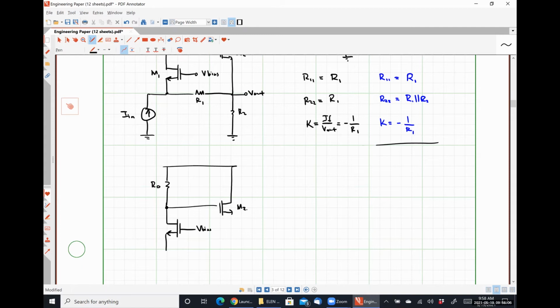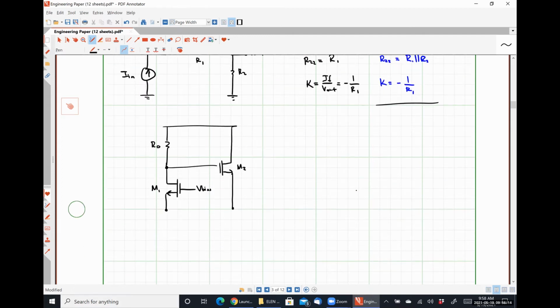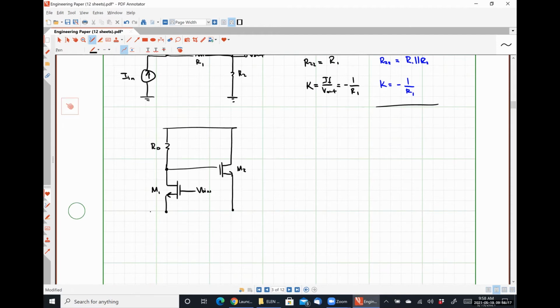Here's transistor M2, here's transistor M1. IN. R11. Here's R22. Here's where we're taking our output voltage.